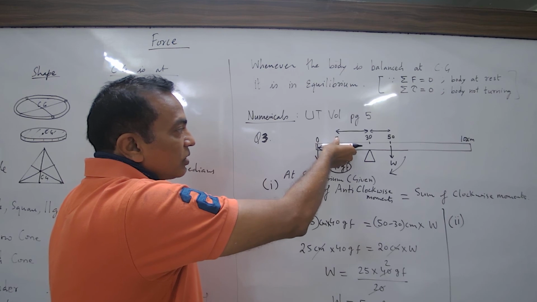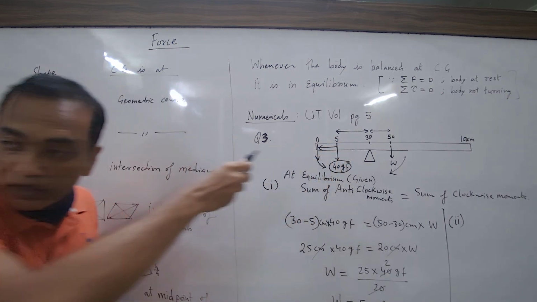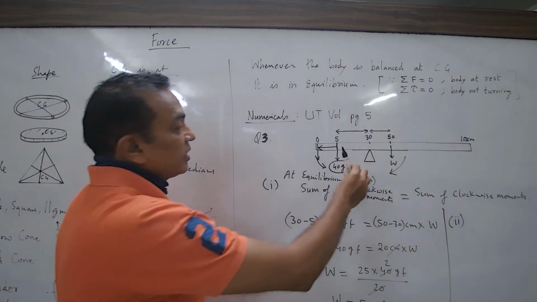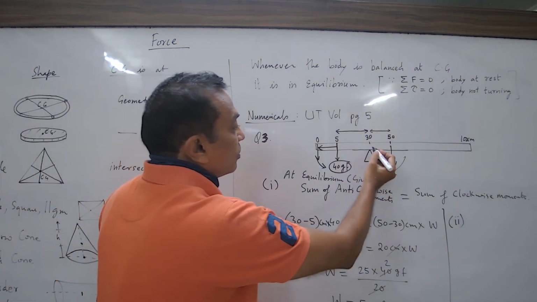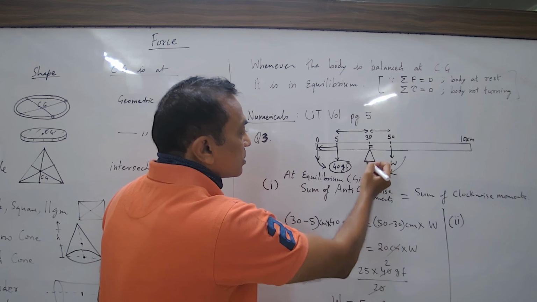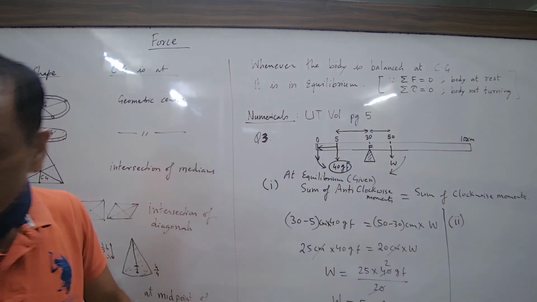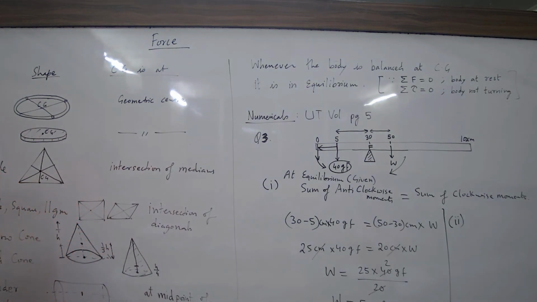Therefore, this scale would try to tilt like this. Isn't it? So, what is the question? Which of the following options is correct to keep the ruler in equilibrium when the 40 gram weight is shifted to 0 centimeter? Now it is asking where this support should move. This pivot should move to keep the scale in equilibrium. Is F shifted towards 0 centimeter or F shifted towards 100 centimeter?